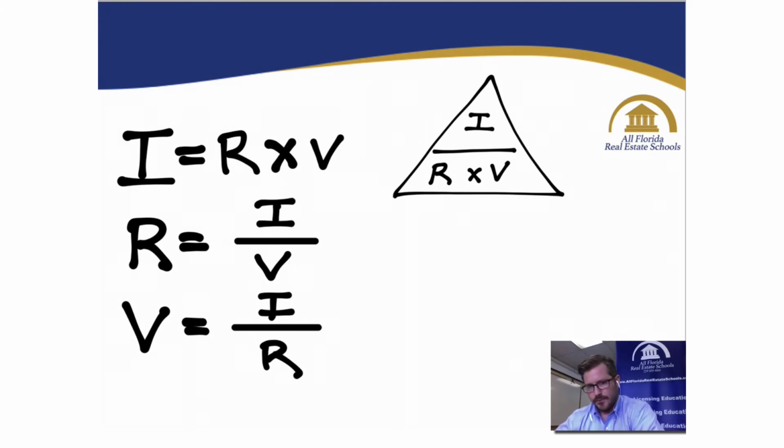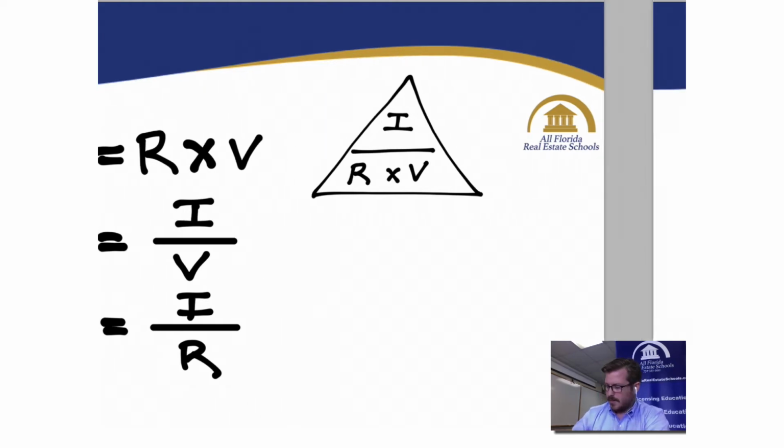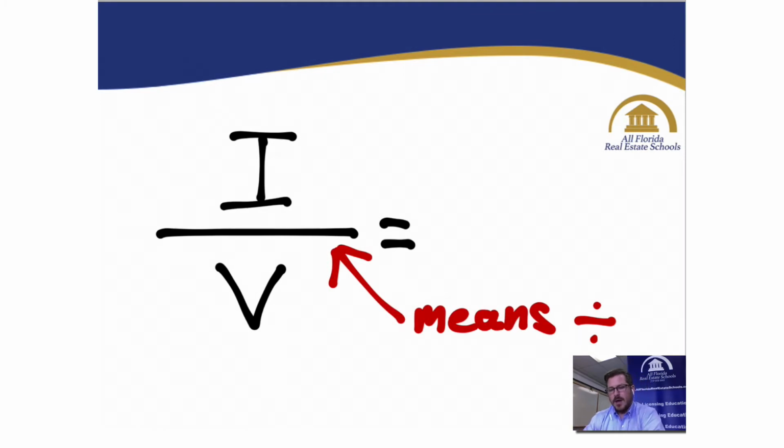So here we have our three different ways of solving each variable. Income equals rate times value. We have rate equals income over value, and value equals income divided by rate. When I say divided by there, that's what we're going to look at next. If we have income over value, this little line here always means divide by.